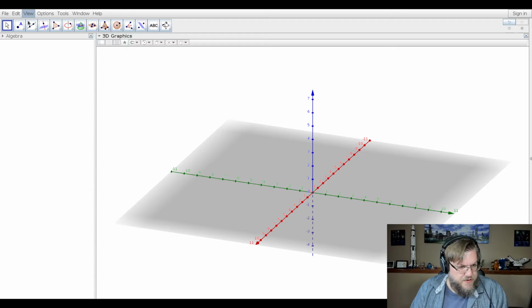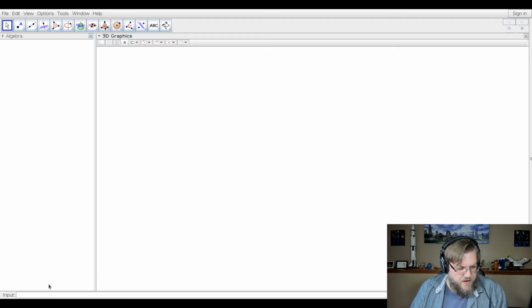Oh, I lost my input. Hold on. Input bar, come back. Oh, and I lost my axes and my grid. What? GeoGebra has been giving me issues lately. I don't know why. Maybe I need to reinstall it.